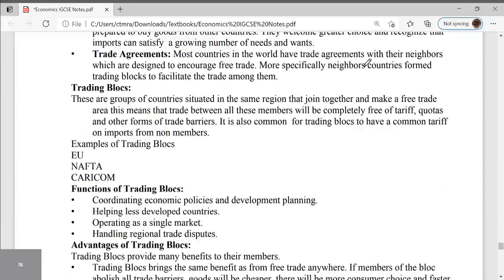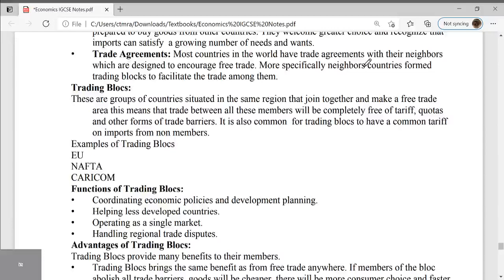So next we have functions. Functions are coordinating economic policies and development planning. What's happening is that the countries are getting together, so they can coordinate the different economic policies between themselves, and they head towards development. Okay.